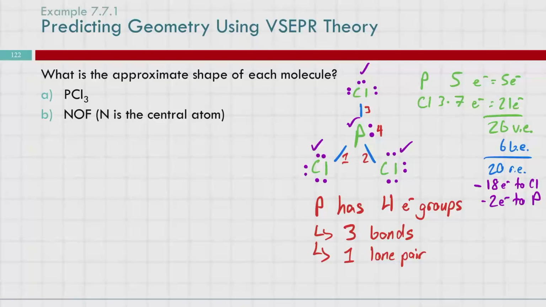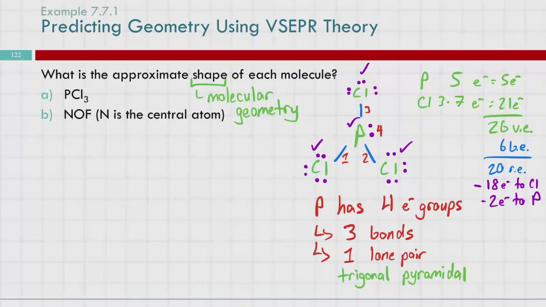It's bent out a little bit because of this electron group, the lone pair, that's causing them to deflect out of the plane, out of being flat. So this is going to be trigonal because of 3 groups, pyramidal because it's not flat. Shape here is referring to molecular geometry instead of electron geometry. Although it's often helpful to think about the electron geometry to help you get to the molecular geometry.